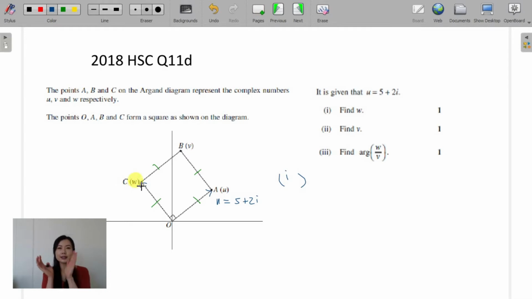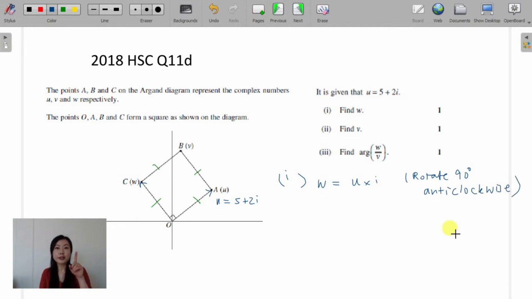Now, 90-degree rotation: if you take a vector and rotate it anti-clockwise 90 degrees, it is multiplied by i. So W is simply U times i. Rotate 90 degrees anti-clockwise.